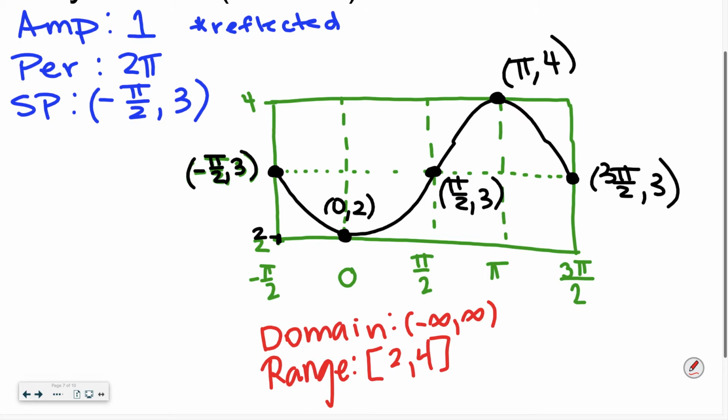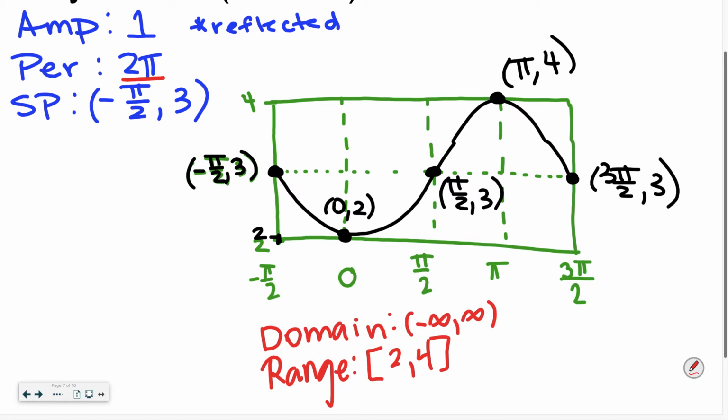That's our range. How did you get this? Since our period is 2 pi, wherever we begin in terms of the x coordinate, we need to go over 2 pi. So I just took 2 pi and I added it to wherever we started. That way I knew where to stop it.